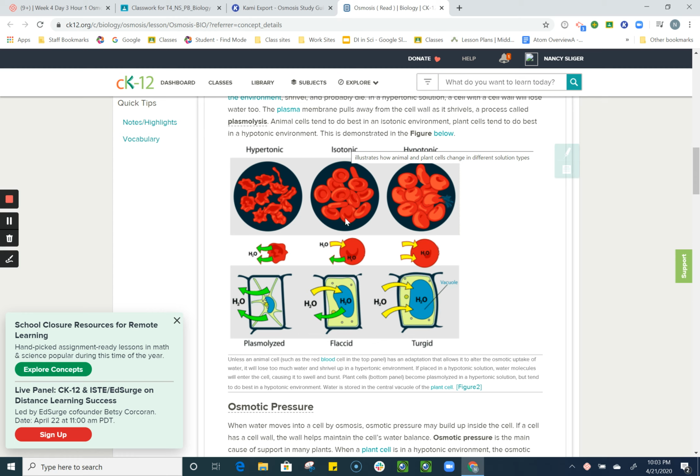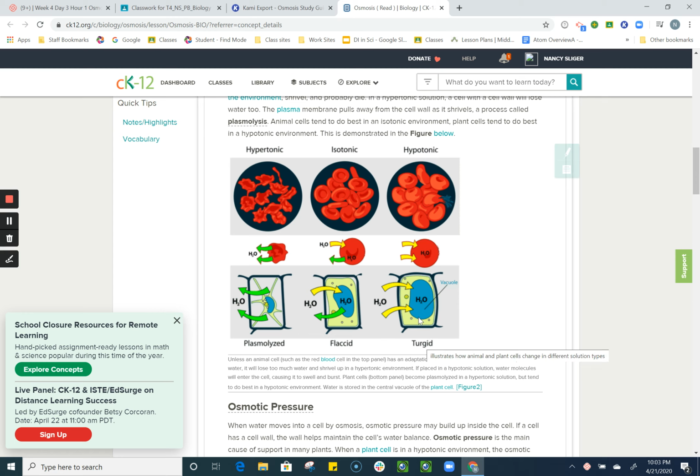So this is isotonic. Here, these cells have more solute. There's more solute in the cells than in the fluid. So if there's more solute here, that means they have less water than the fluid. So the water rushes into the cell. And they're calling this, the water pushing on the sides of the cell, the turgor pressure.